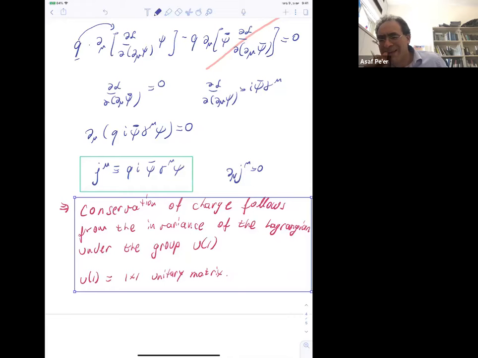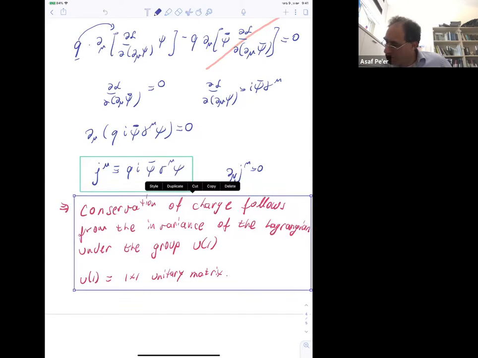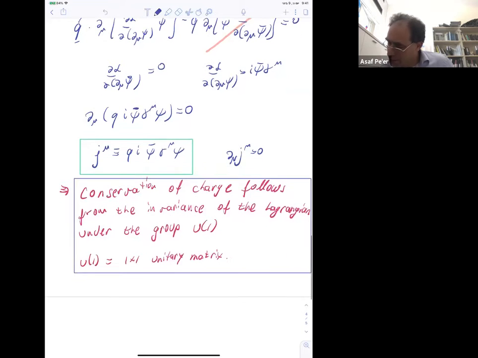Exactly. But this is a global phase. More? No. Stay.